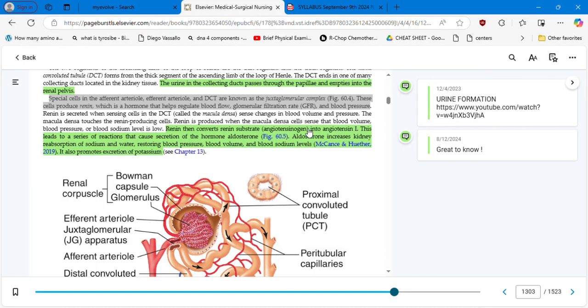Okay, so now renin is secreted when sensing cells of the DCT, called the macula densa, sense changes in blood volume and pressure.